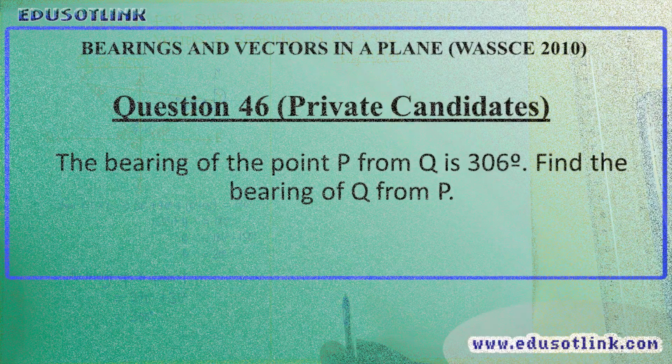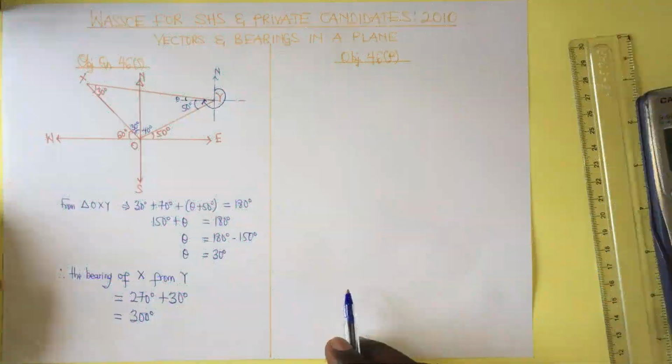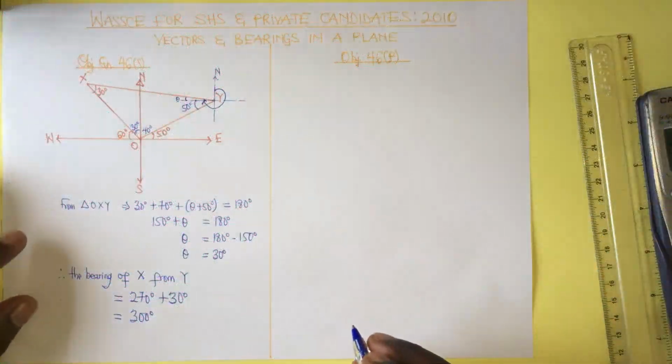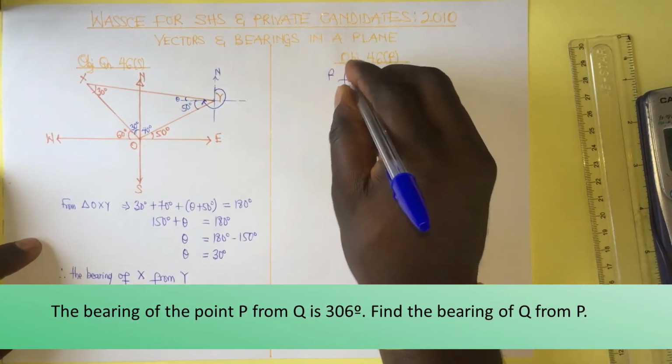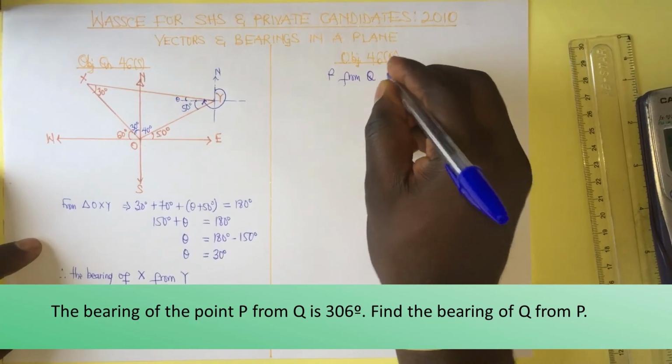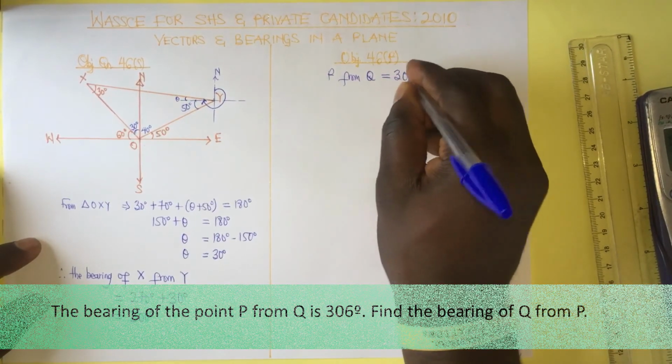Objective question 46 for private candidates. The bearing of the point P from Q is 306 degrees. So the bearing of P from Q is 306 degrees.